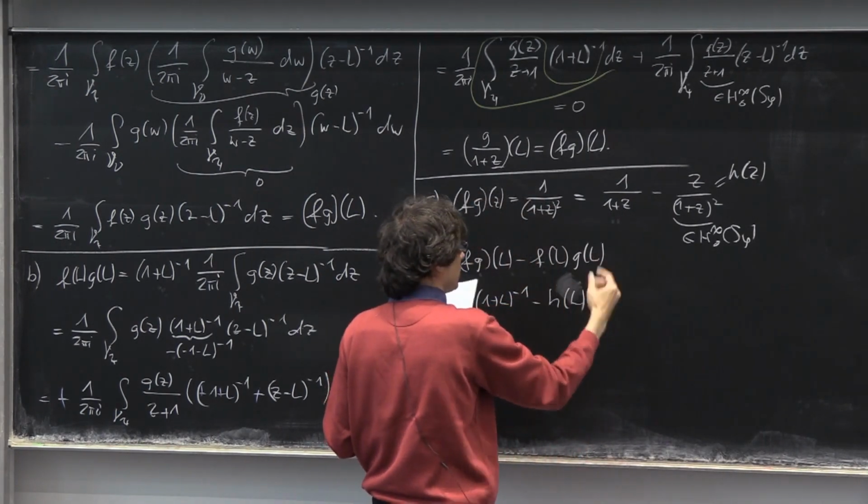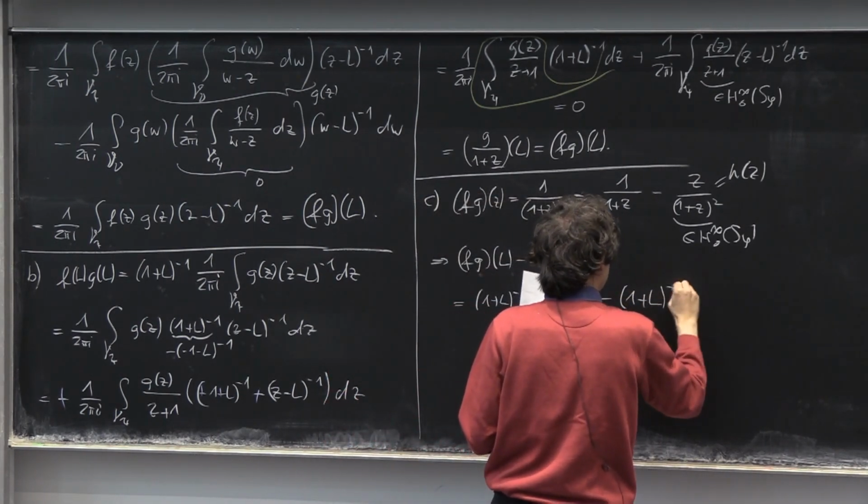Minus f of L g of L is clear, it is 1 plus L to the minus 2.